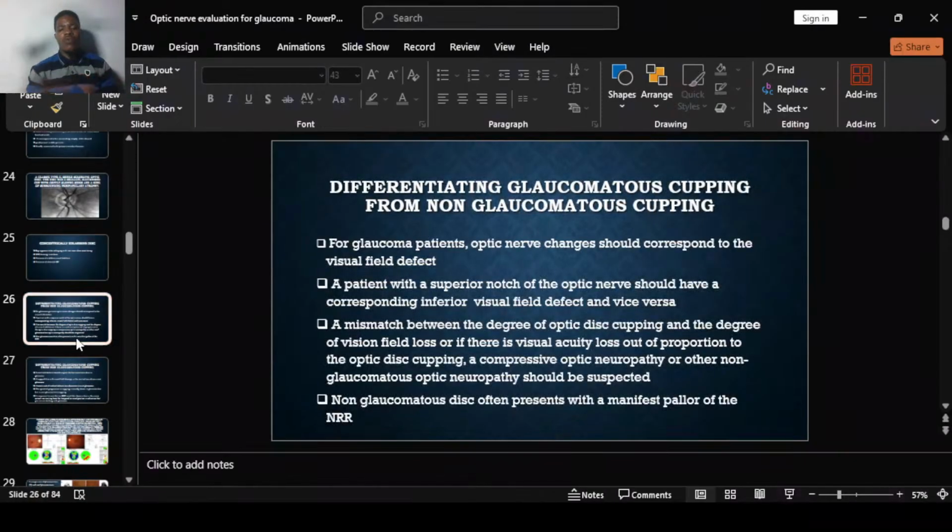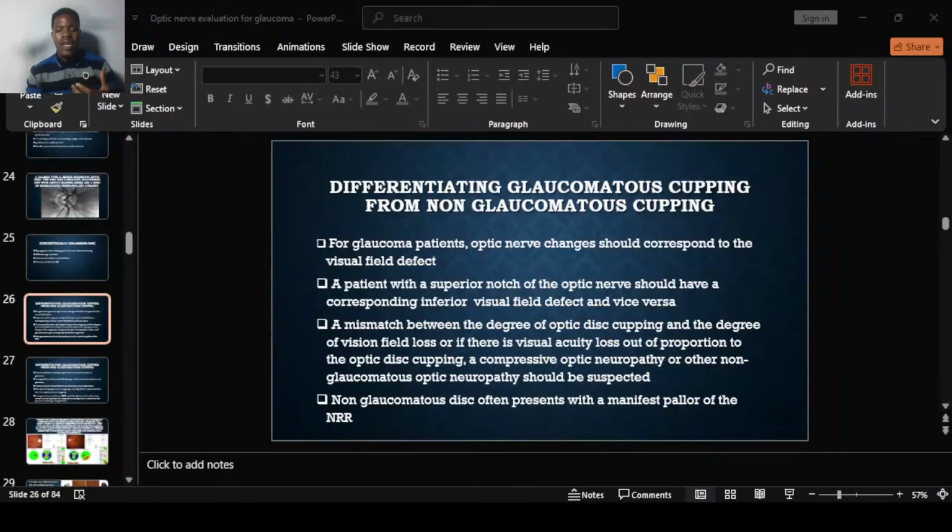So now let's look at how we differentiate a glaucomatous cup from a non-glaucomatous cup, because this seems to be where the issue is, that every time we are looking at a cup, we want to know how we can differentiate a glaucomatous cup from a non-glaucomatous cup. For glaucoma patients, the optic nerve health changes should correspond to the visual field loss.